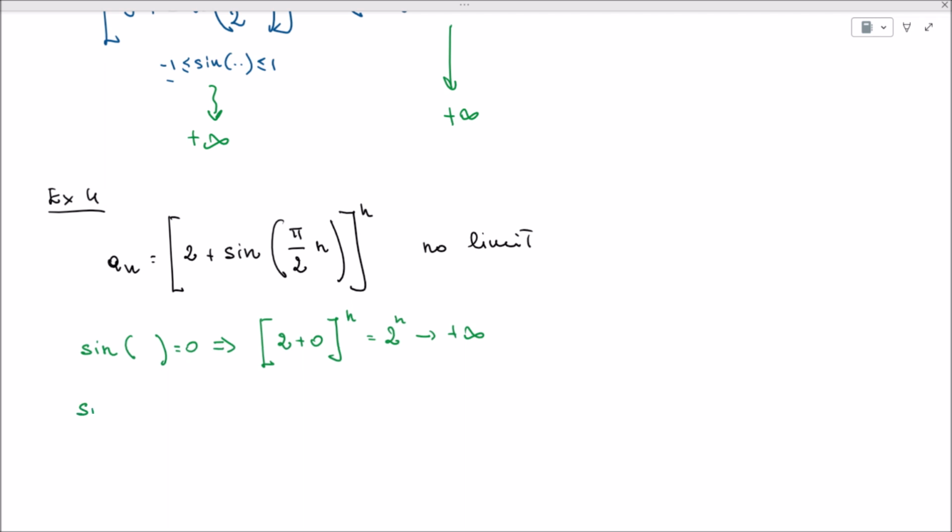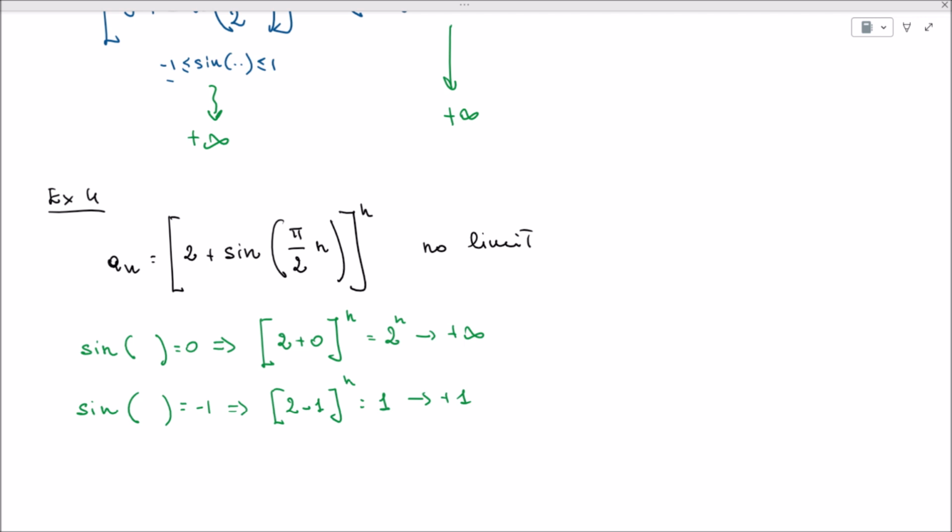If instead we make the sine equal to minus 1, what we get is 2 minus 1 all raised to the n, which is constantly equal to 1, so that implies that this will tend to 1.